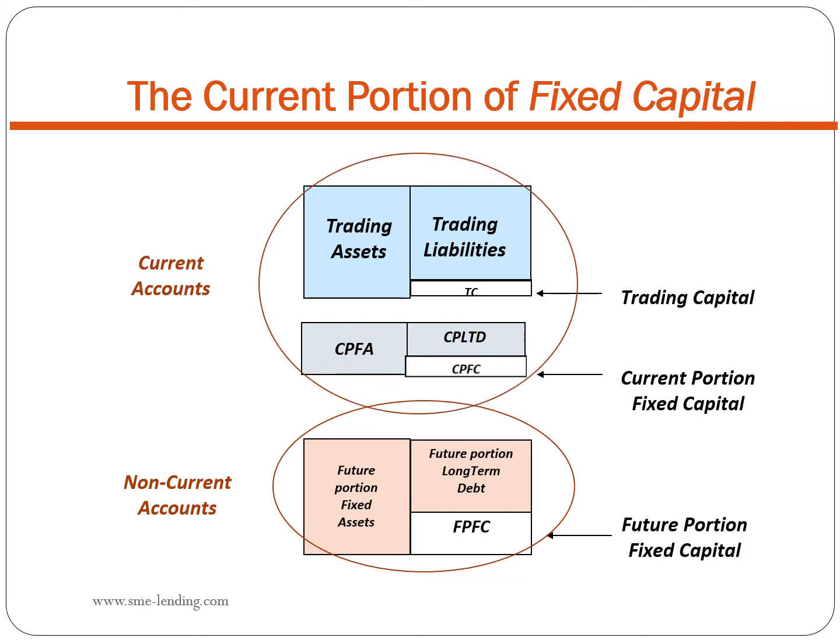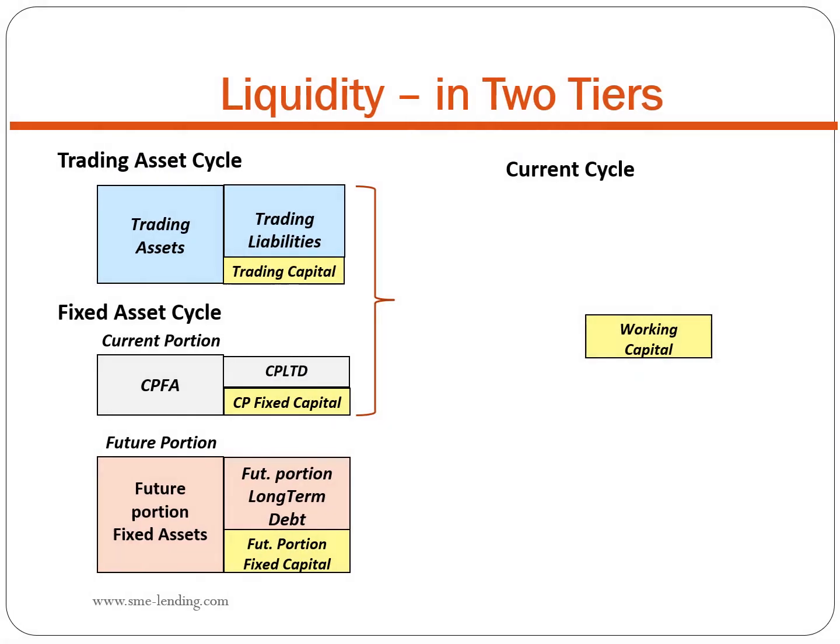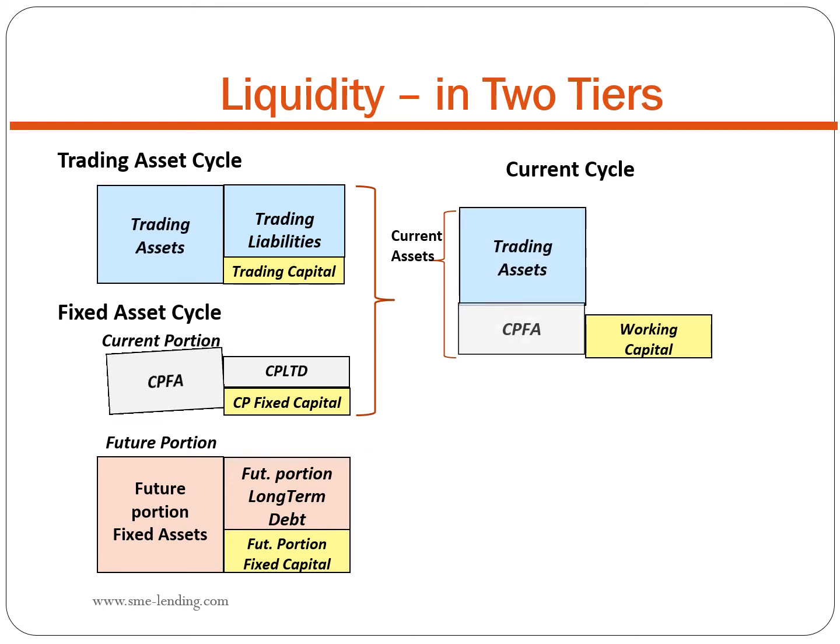Everything in the top two sections is current. That includes all trading accounts and the current portion of long-term accounts. Let's put these back together to see the complete current cycle. Current assets include all short-term trading assets plus the current portion of fixed assets.